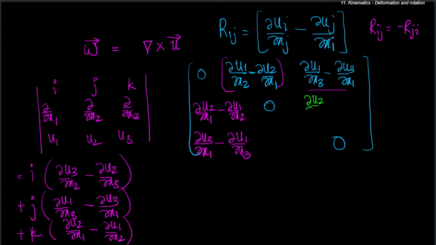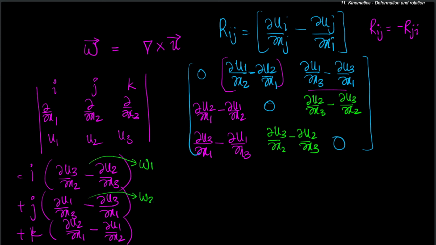So del u2 del x3 minus del u3 del x2. So this term will be the negative of this, so it will be del u3 del x2 minus del u2 del x3. Now the components of the vorticity: this particular component is omega 1, this is omega 2, this is omega 3.